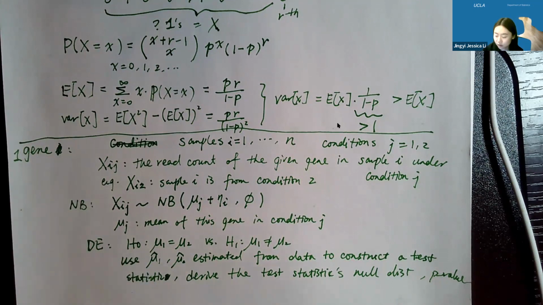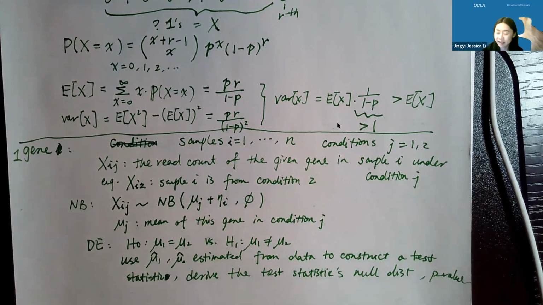And you are going to estimate mu1 and mu2 separately, as mu1 hat and mu2 hat, under the alternative, without making them the same, without adding that requirement, using MLE. And then given the MLEs under the null and alternative, you could write down their corresponding likelihood based on the negative binomial distribution. And then you get the ratio of the likelihood, and you know that under the null, that ratio should follow a chi-square distribution.